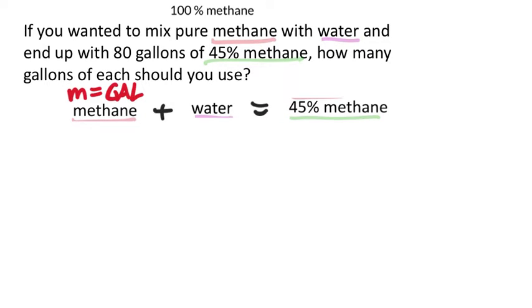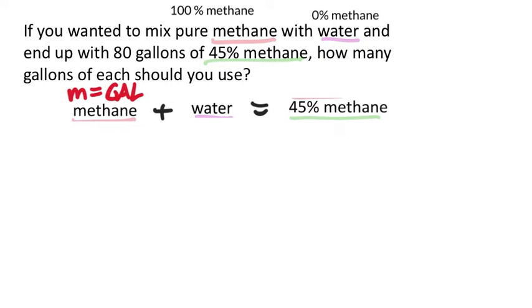Yes, except I am able to express gallons of water in methane. Because water, as it turns out, is, again, this is my limited knowledge, 0% methane.